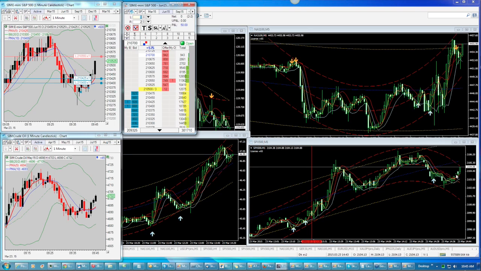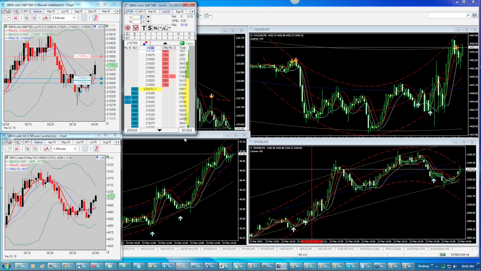I don't like it because it's coming off this band. It could go to the midpoint, so we'll see. Kind of see how it fills, backs and fills. Now, as soon as it gets filled, I'll be short.